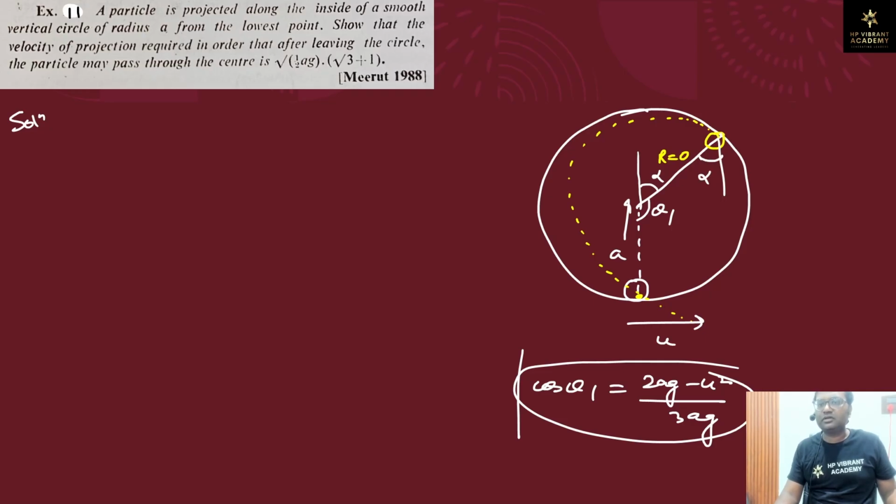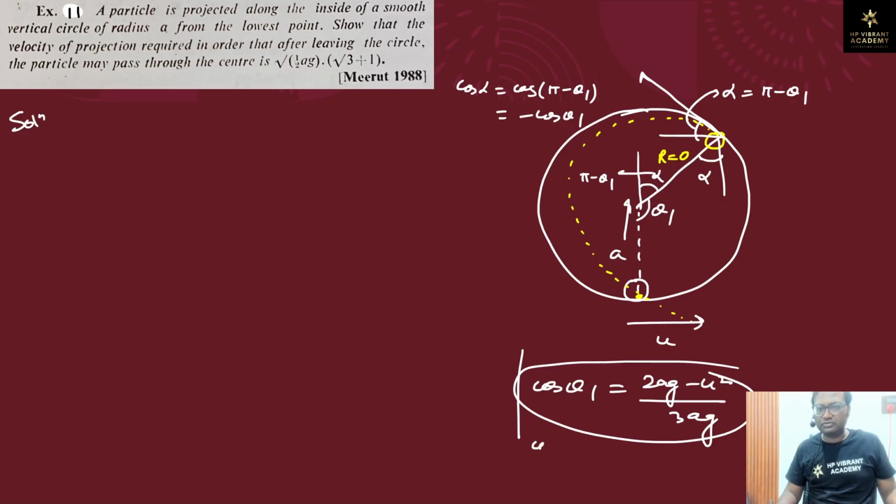This is our velocity of the projectile. And alpha is equal to pi minus theta 1. So cos alpha is equal to cos of (pi minus theta 1), which is equal to minus cos theta 1. So cos alpha is equal to (u square minus 2ag) upon 3ag.